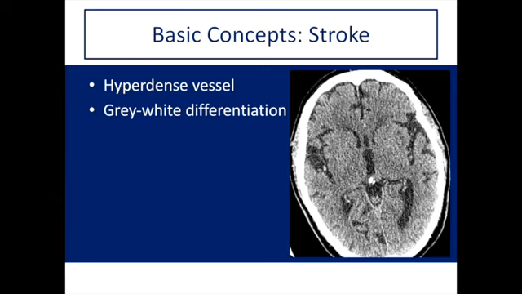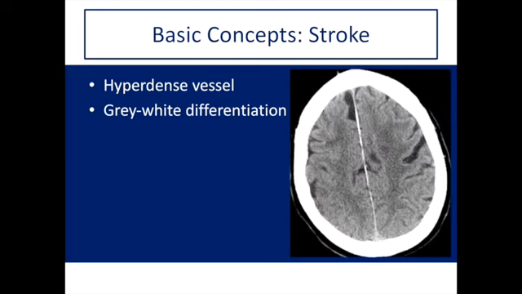If you couldn't follow the physiology, all you have to know is this. When the cells are deprived of blood supply, the cells themselves swell up and as a result look less dense, and you lose the gray-white differentiation. It can be extremely subtle early on and then look more obvious later. This is the same patient.